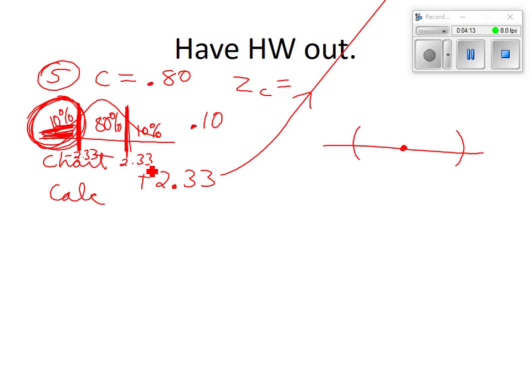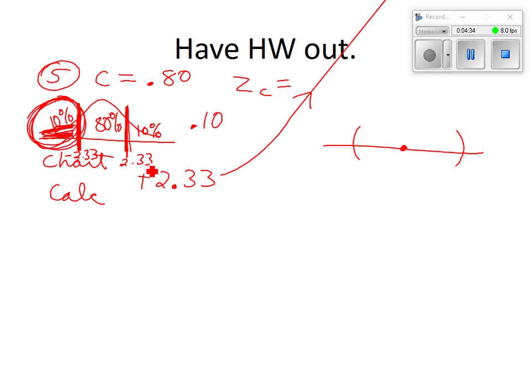Anybody else do number 5? That sure doesn't seem like what I got when I did it. Oh, no wonder. I looked at 0.01. What should I be looking at? 0.1.